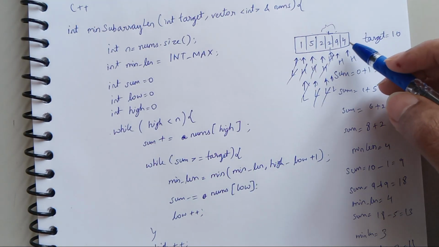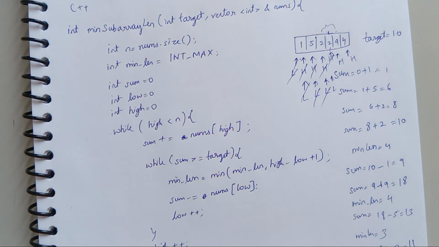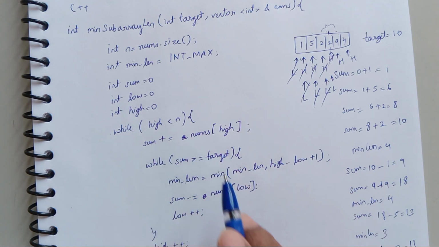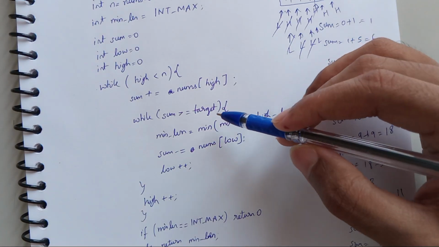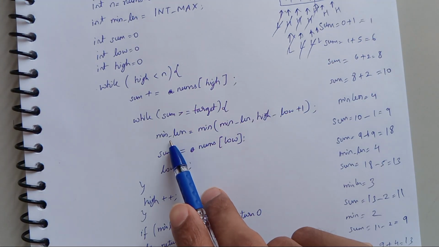Now check if high less than n, yes it is, and we again increase the sum. So sum is equal to 9 plus 4, which is 13. Again this satisfies, and we update the minimum length.